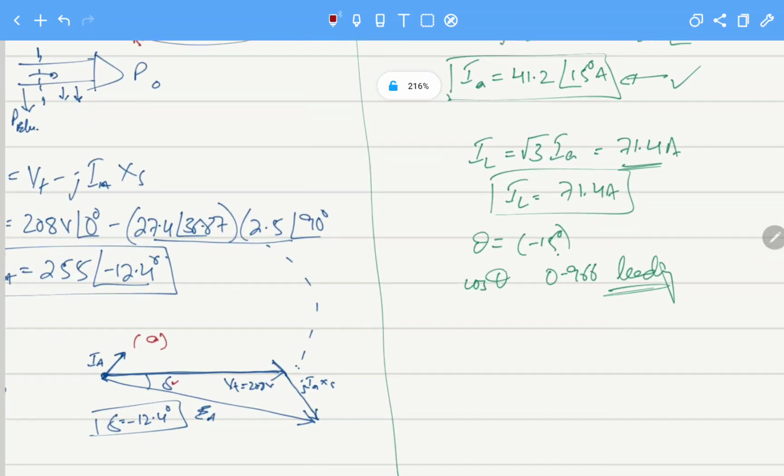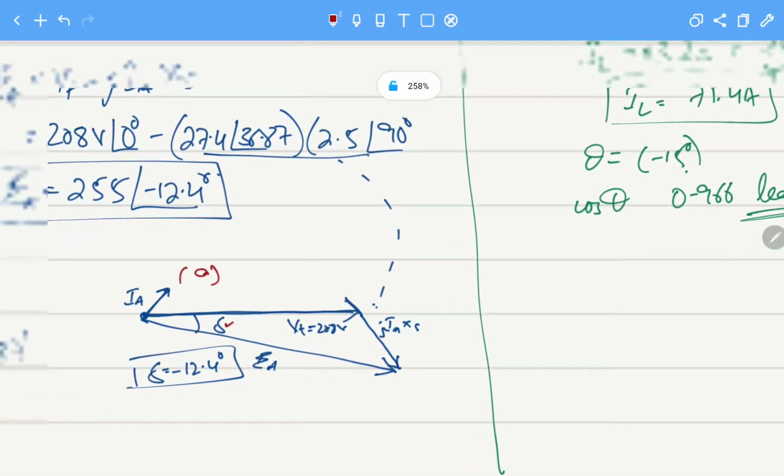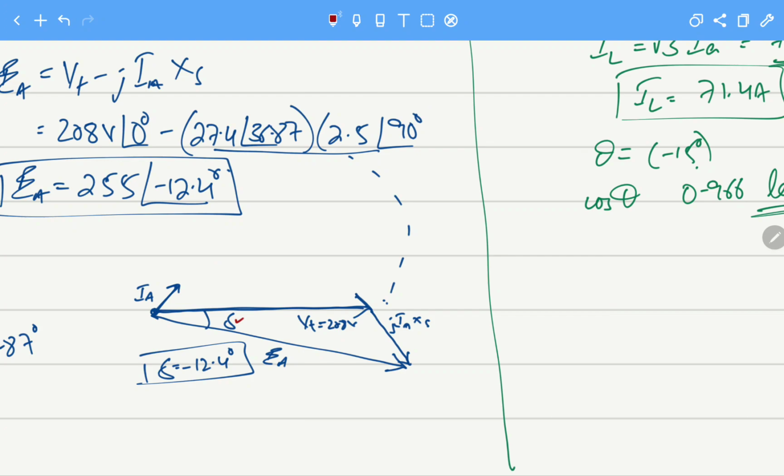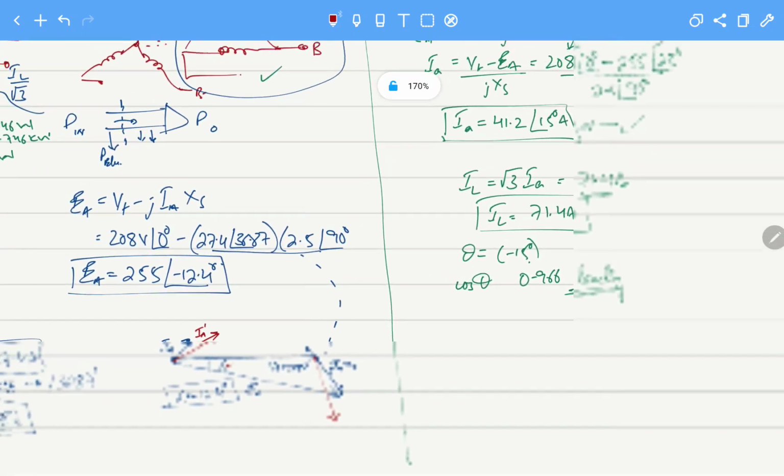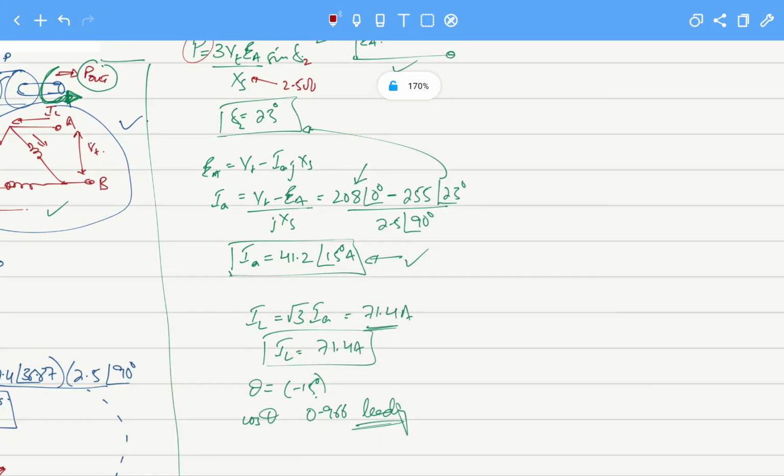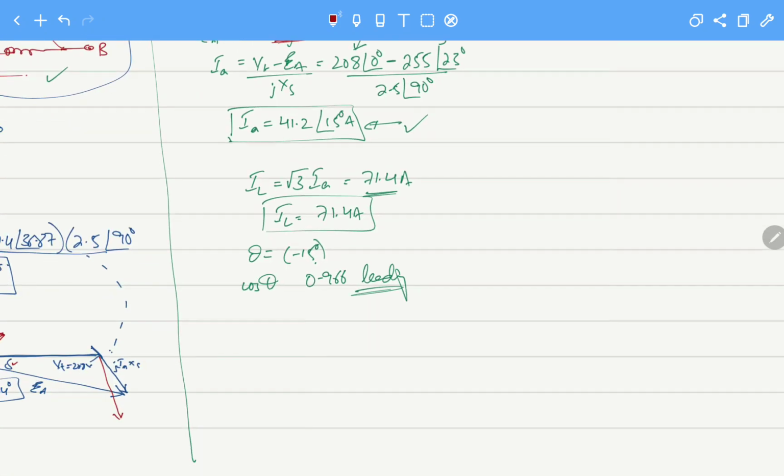Lastly, I will make the phasor diagram for case 2 in red. The terminal voltage remains the same, but our current, the input current to the machine, IA dash, has changed, and due to this change, our IA jXS part changes.